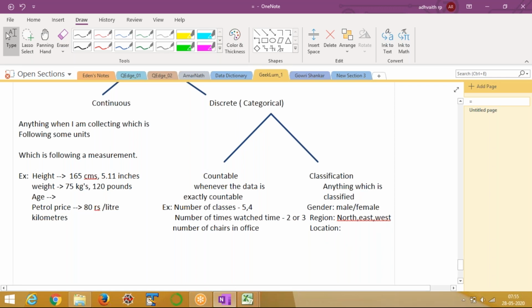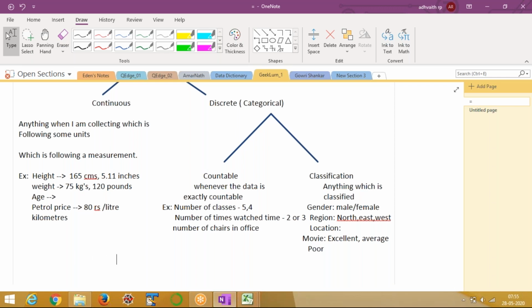One second. Movie rating, yes. Movie: excellent, average, poor.